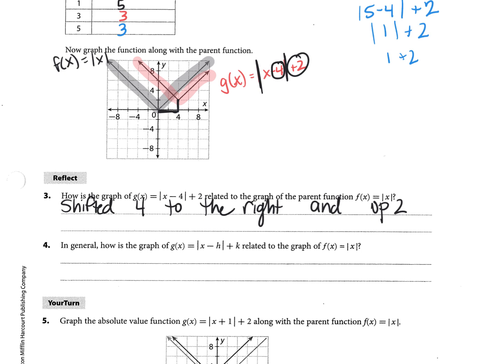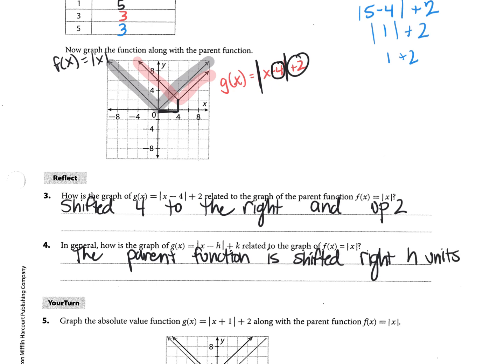So in general, how is the graph of the function g of x equals the absolute value of x minus h plus k related to the graph of f of x equals the absolute value of x? The parent function is shifted right h units.